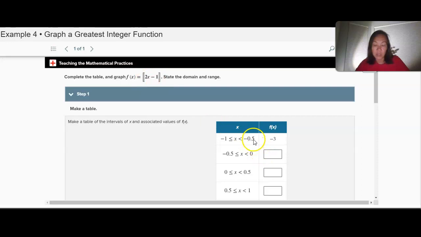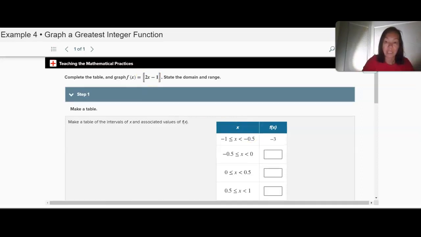The reason we choose intervals of a half is because if I take negative 0.5, which is negative 1/2, and plug it in, 2 times negative 1/2 helps us not have any more fractions to deal with, and we're not dealing with decimal values for our y. So that's why you see that these intervals involve halves.